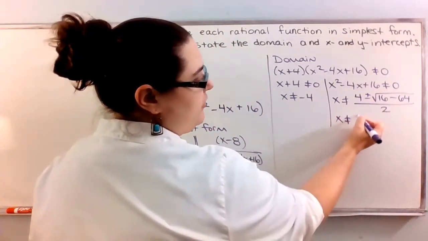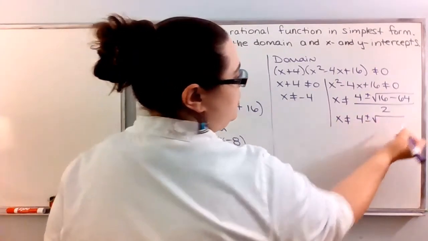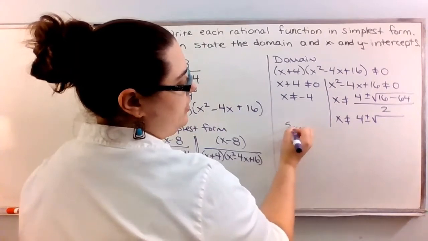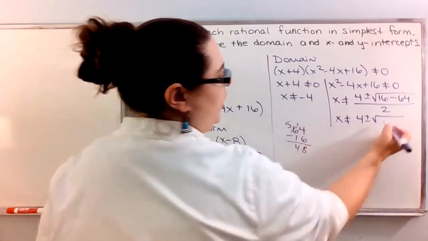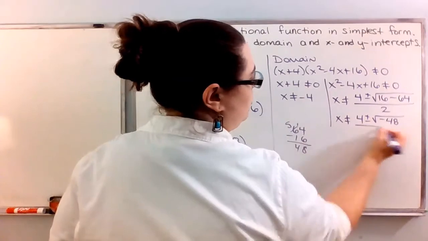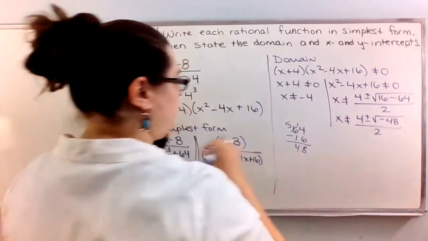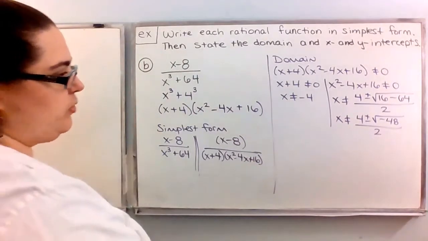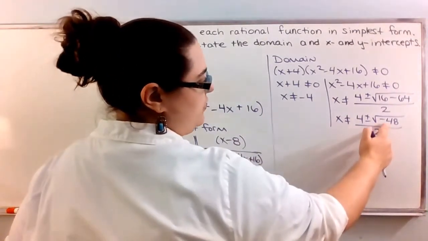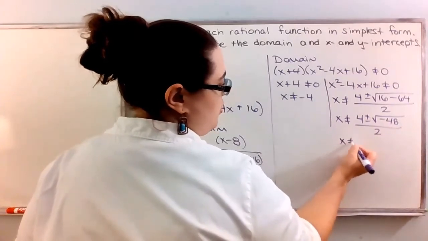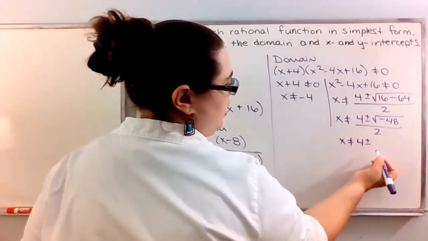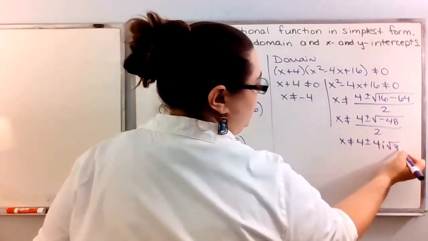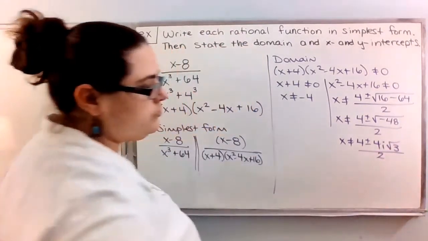So now I am going to simplify all these pieces. So let's see, 64 minus 16, so 48 over 2. Okay, let's see. Well, I know 16 is a perfect square that goes into 48 3 times. So x can't be 4 plus or minus 4i root 3 over 2.